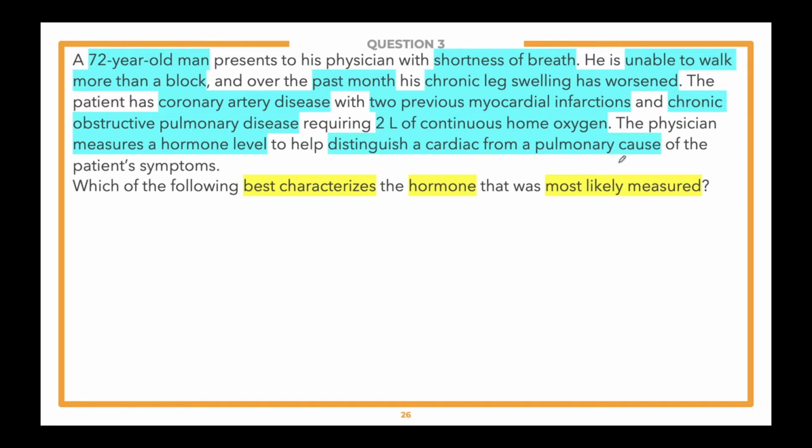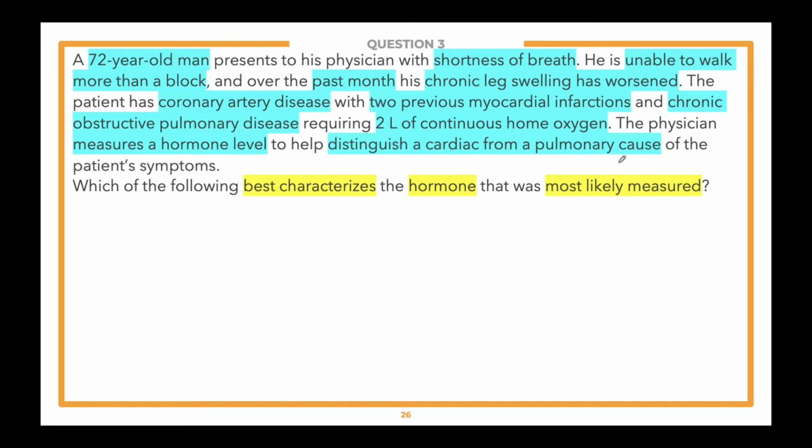Now they give us some other very important clues, medical history, what he's doing at home, and also, as we knew from Sean reading that lead-in question, it asked us about a hormone. So we definitely want to pick up on those clues that are relevant to that topic. And so in this case, they're saying measuring a hormone level to distinguish a cardiac from a pulmonary cause of those symptoms. So I think we've got a few steps here.